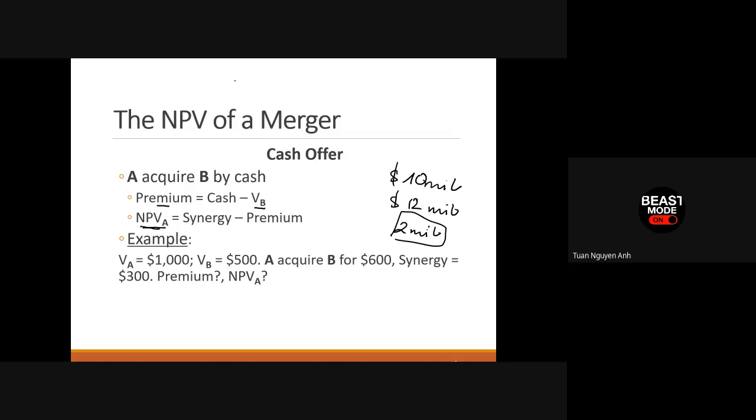When buying company B, company A thinks that in the future they will get some synergy, the benefit from a bigger company, but they have to share some premium with company B on the first day. So the synergy is shared between these two: one is the premium for B, and the other is the NPV for A.